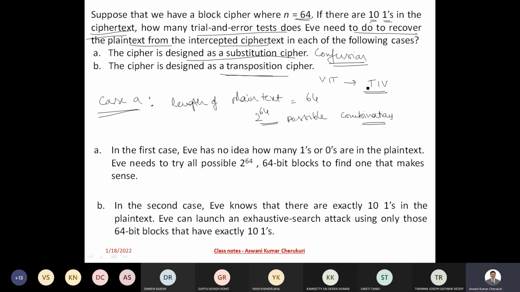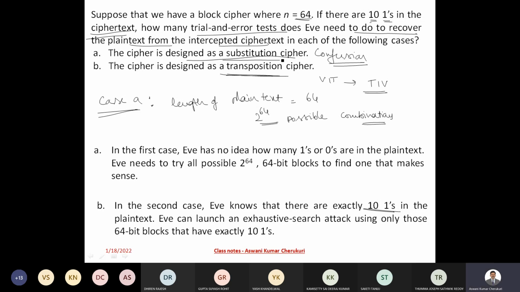So when you know that there are 10 ones in the ciphertext, that means there are 10 ones in the plain text. That's all. The point is your search space gets reduced in the transposition ciphers compared to the substitution ciphers.